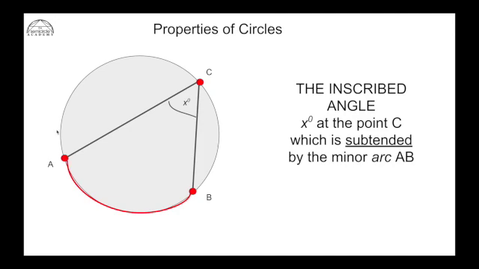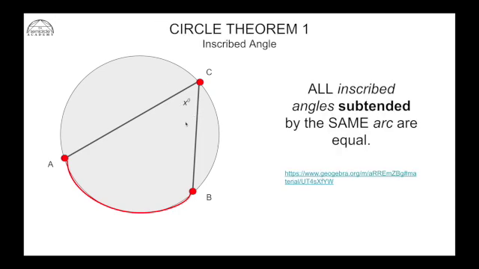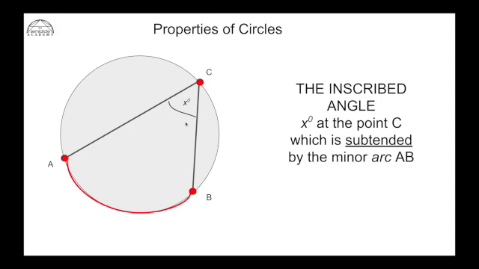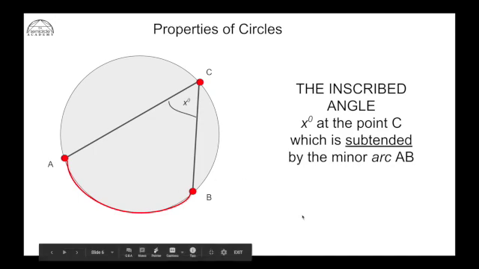If this arc was longer, or much bigger, then the angle here would be bigger, right? So, in other words, it's just a piece of language here, that this angle is subtended by the minor arc AB. So Ariel, do you understand what it means when I say that an angle is subtended by an arc?